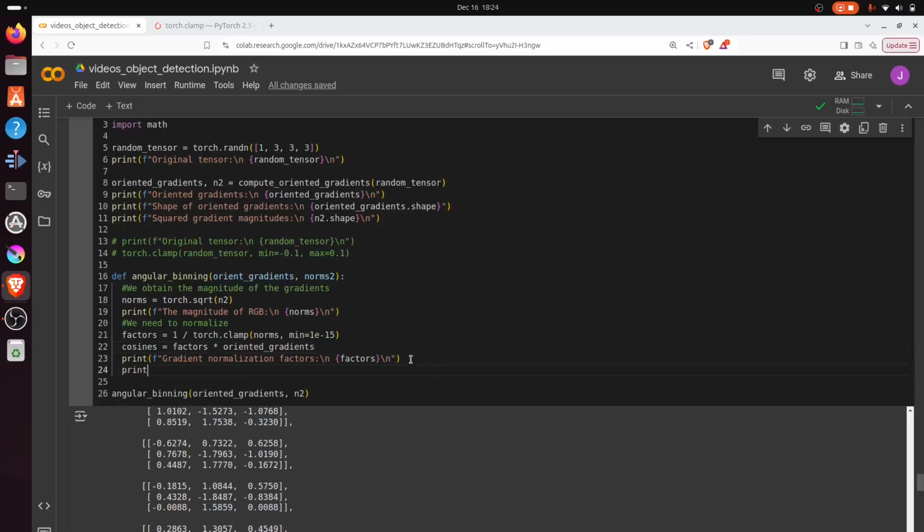Let's print this, and let's call this normalized oriented gradients. Right, and go here. Fantastic. So let's have a look.